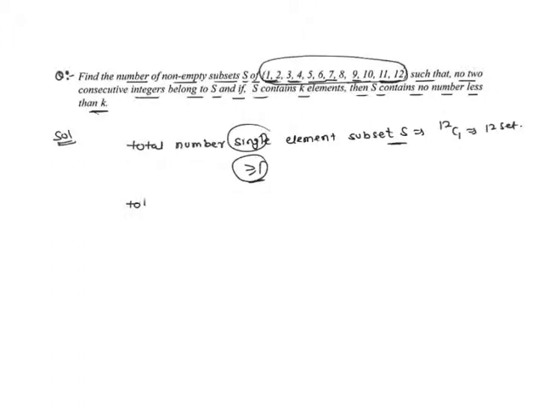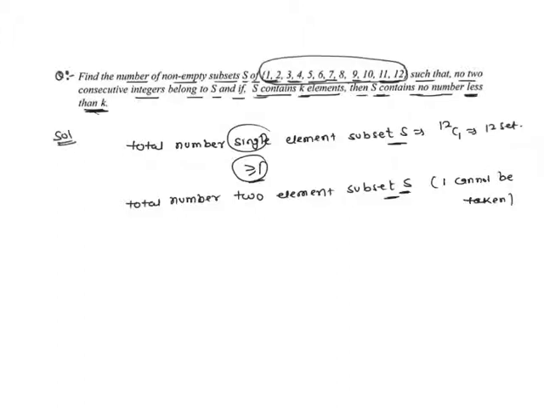Next is the total number of two element subsets S. Given that S contains k elements, then S contains no number less than k. So in the set S, 1 cannot be taken. So we have 11 numbers.